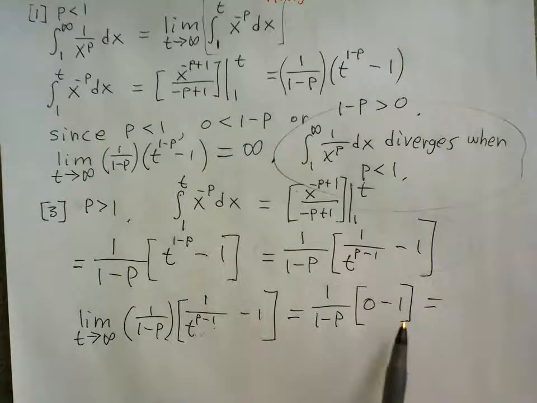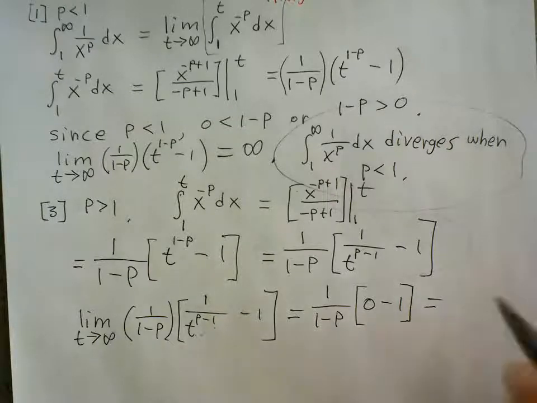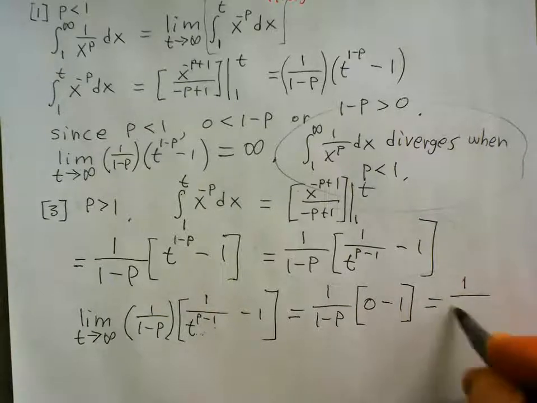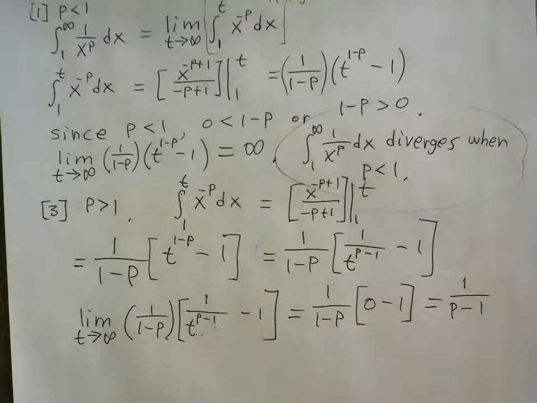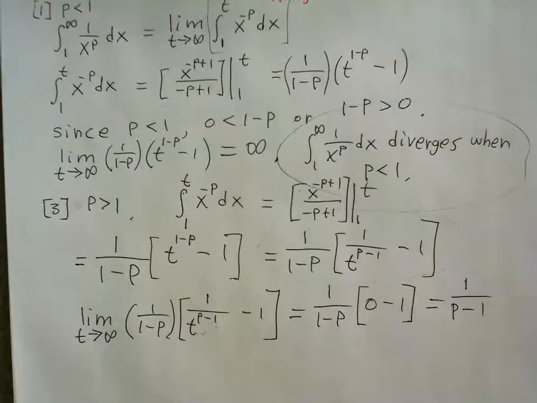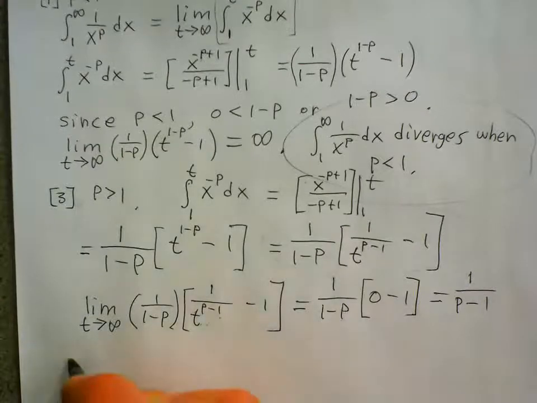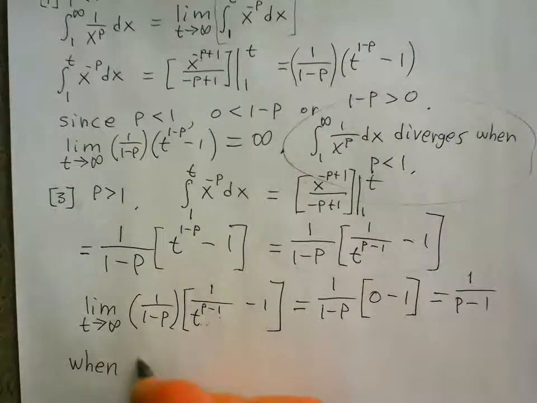Yeah, we can do it in a couple of stages. We can write it as negative 1 over 1 minus p, and then multiply the numerator by negative 1 and the denominator by negative 1, and we can write it as 1 over p minus 1. So that's the value of the improper integral when p is greater than 1.